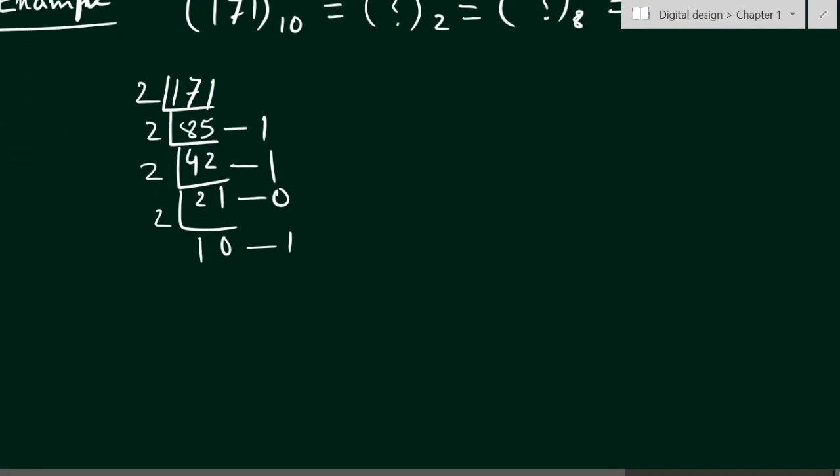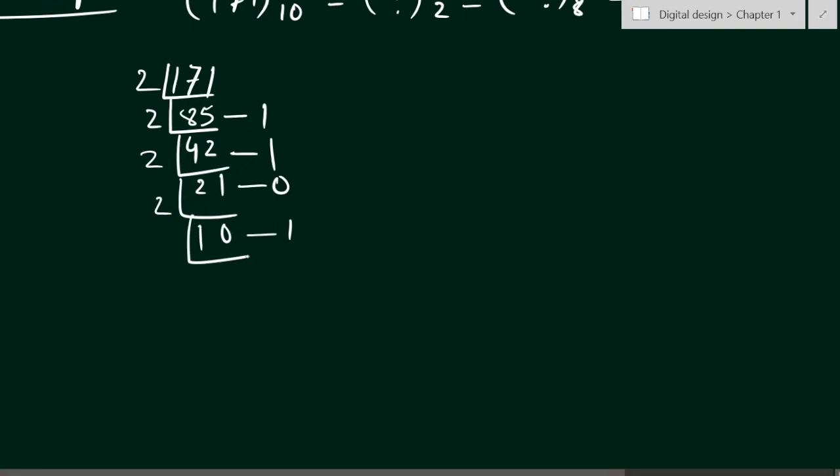Okay, so this is very simple. Again divide by 2. 5 times 2 is 10, so the remainder is 0. Then 2 into 2 is 4, and the remainder will be 1. Next we can divide again. Again divide by 2, so it is 1, and the remainder is 0.